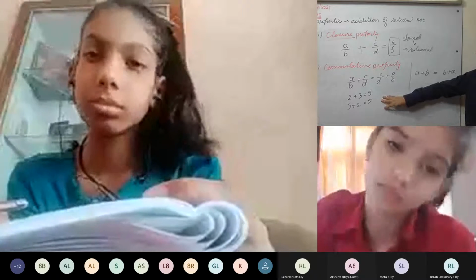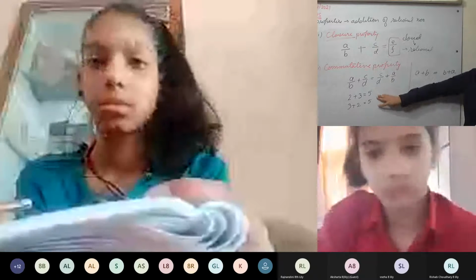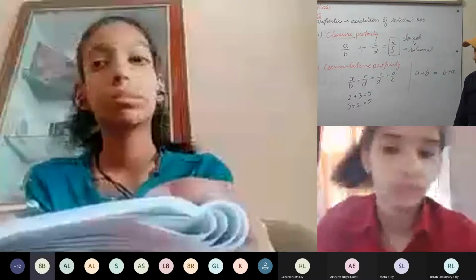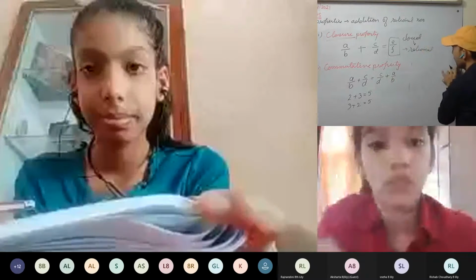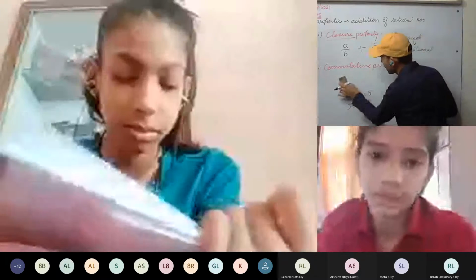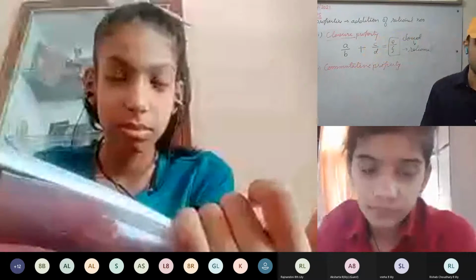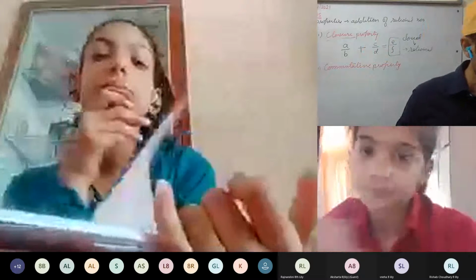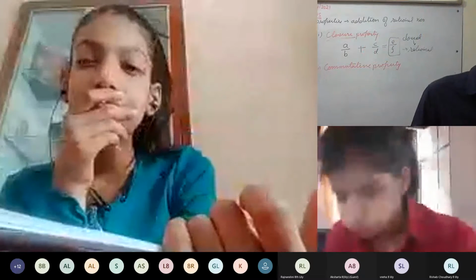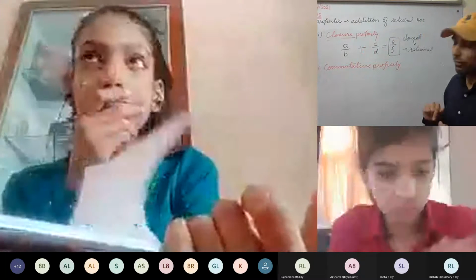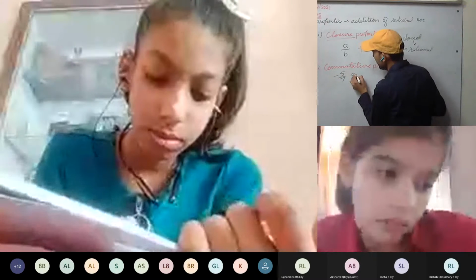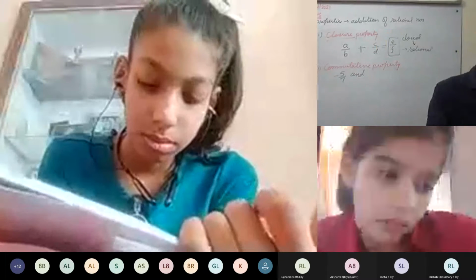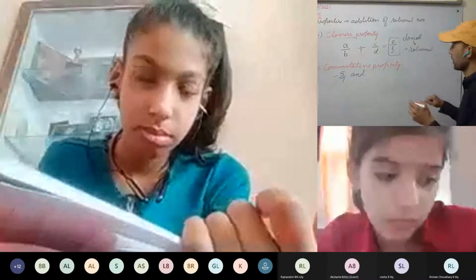Any doubt in these two properties, closure property and commutative property? Okay, I give you one question here, and you have to prove that addition follows the commutative property. Minus 5 upon 7 and 3 upon 4.